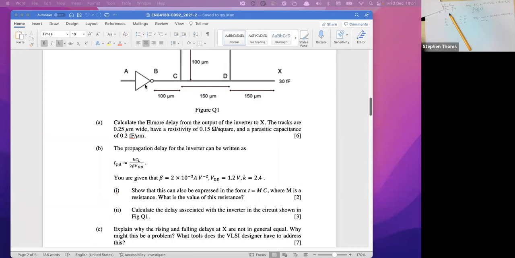Now, the thing to bear in mind is that when you've got a falling signal, then it's the NMOS which is pulling it down. And when you've got a rising signal, it's the PMOS which is pulling it up.